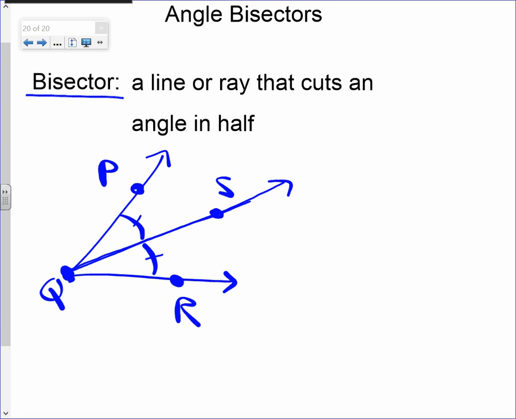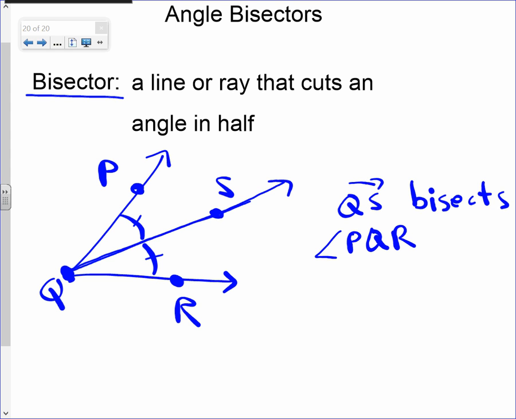So let's summarize what we just did. Go ahead and write ray QS. Look at ray QS. There's a symbol for a ray. Bisects angle PQR. To bisect something means to chop it right in half.